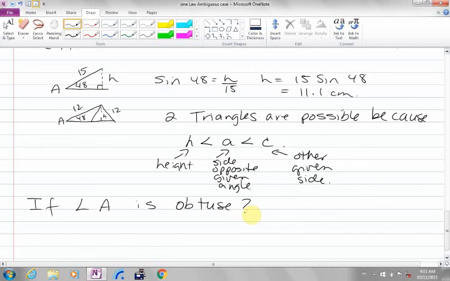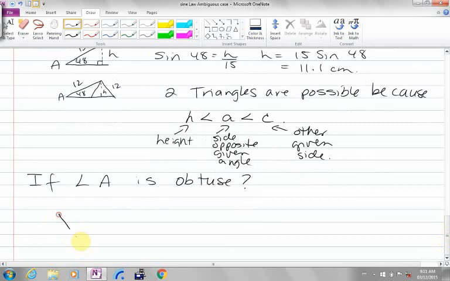I'm pretty sure you can only have one triangle. Okay, so if angle A is obtuse, so I'm still going to draw my angle A here. This is still side C. This is side A. In order for there to be a triangle, what would have to be true of side A?